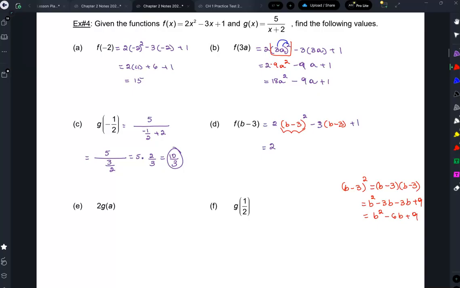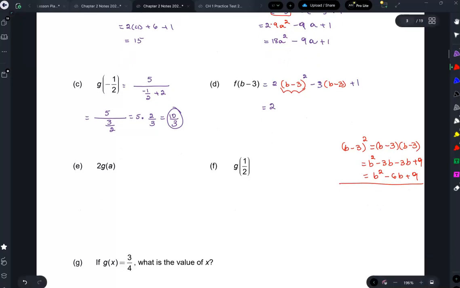But this is so Algebra 1, right? There's a formula we could use. B minus 3 squared: you square the first one, b squared. You square the last one, plus 9.